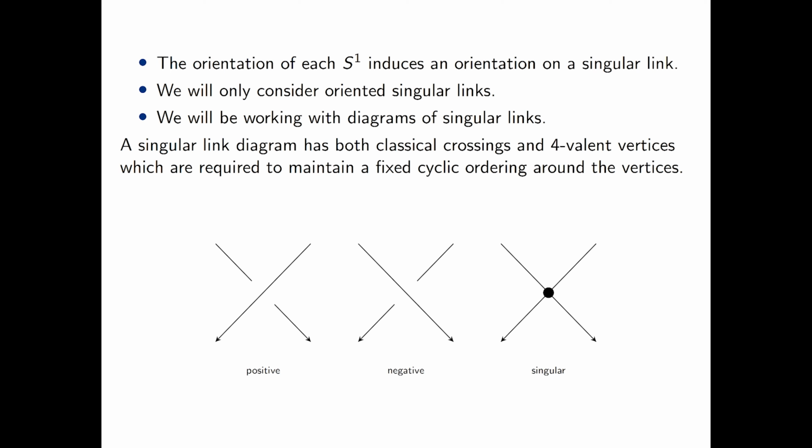So when you take a look at these singular link diagrams, we're going to see the classical crossings, so the positive and negative crossings that we have down at the bottom of this slide. And we're also going to have this third type of crossing. And this is going to be the singular crossing, and it's going to be denoted by two strands crossing each other with a point. And this is going to denote that this is a singular crossing in our singular knot diagram.